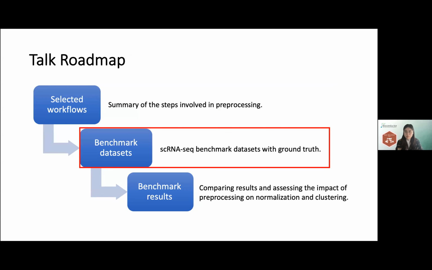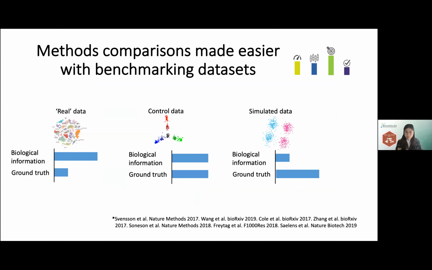So before the comparison, another important aspect I want to mention is that for a benchmark study, you need to choose good datasets. In order to find which method is best, we need to know some kind of ground truth in the data. Here, let's consider three kinds of datasets. The first is real data.